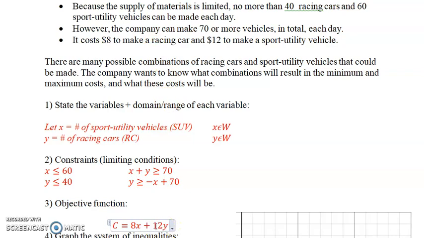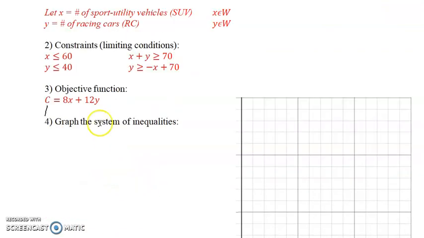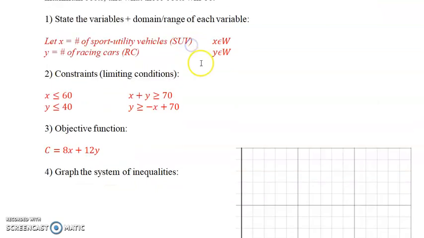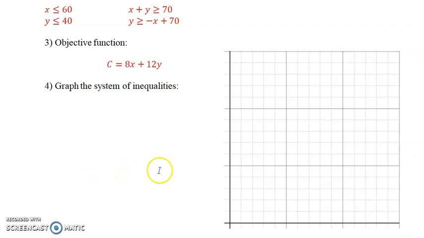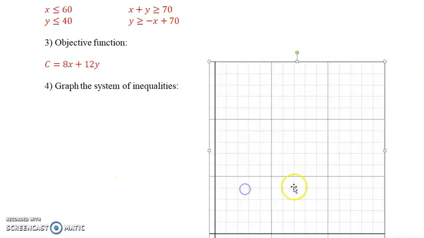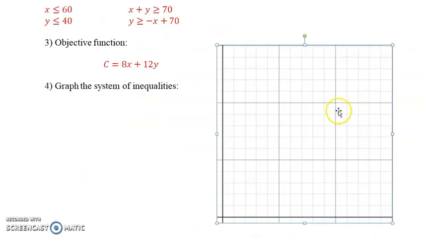So it's C equals 8x plus 12y. That's the objective function. And then you can graph the inequalities. Now remember, again, I'm giving you a graph that has no negatives, so please be mindful of that.